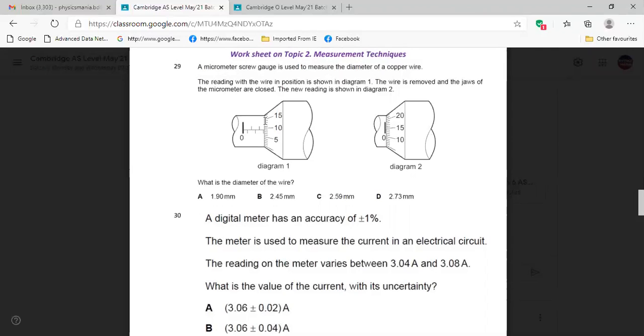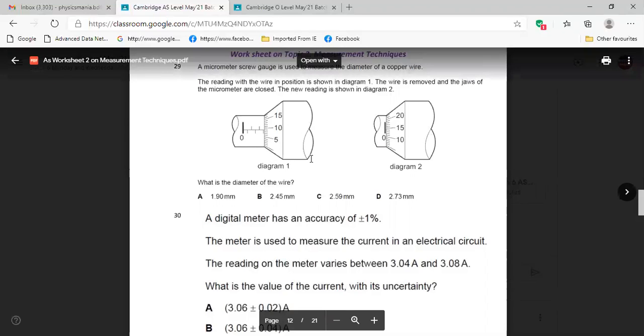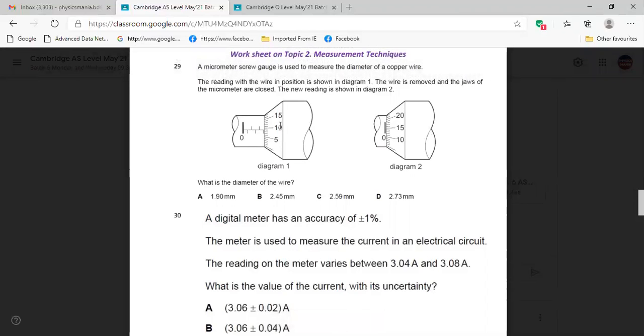If you are giving the wire, then the reading you are getting must have that error as well, isn't it? Yes, sir. So after measuring with the wire, to get the actual diameter of the wire, what do you have to do?